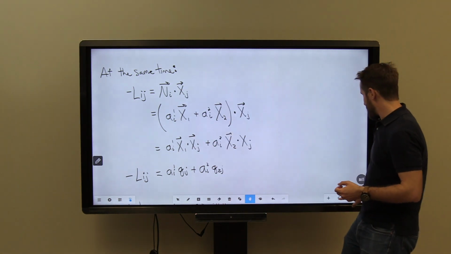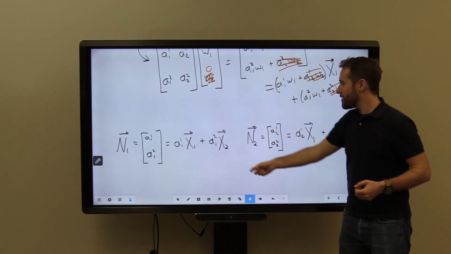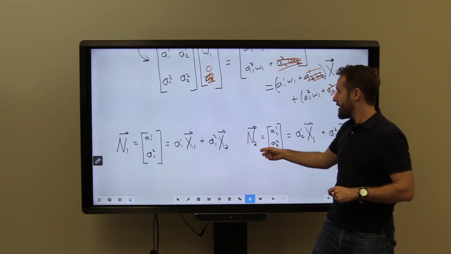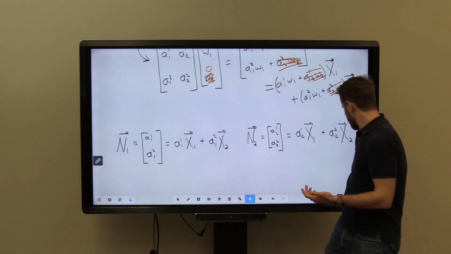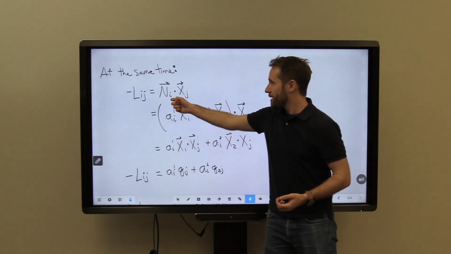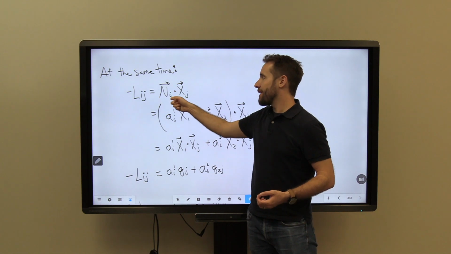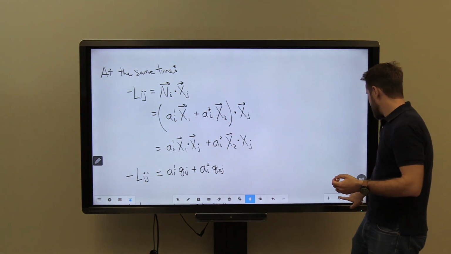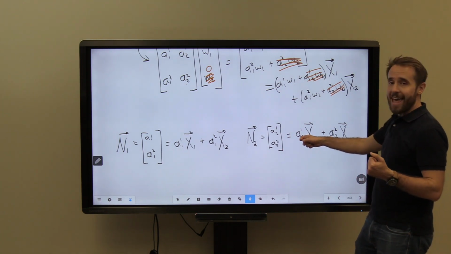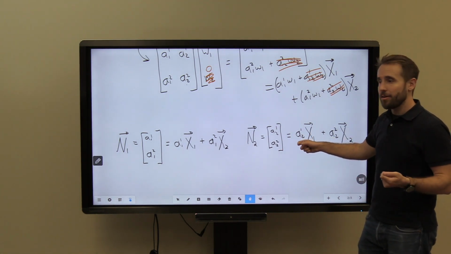So to go back a slide, here I have some equations that involve n sub 1 and n sub 2. Going forward, I have something involving the dot product of n sub i, so n sub 1 or n sub 2. And my ultimate goal is to solve for these a's, to figure out what these a's are.